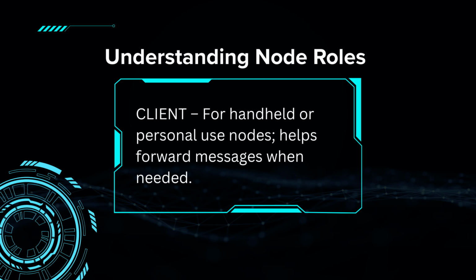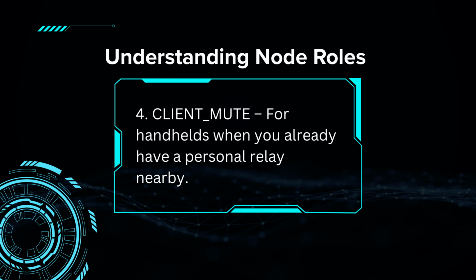So client mute. Okay, back up, client. This is best for your handhelds, right? Your personal use nodes, and it helps forward messages when needed. Client mute is for handhelds when you already have a personal relay nearby.